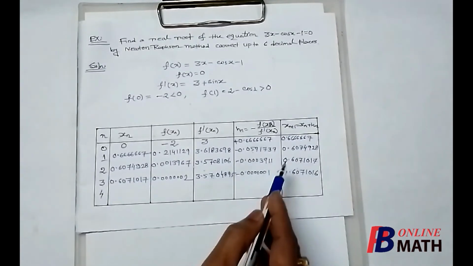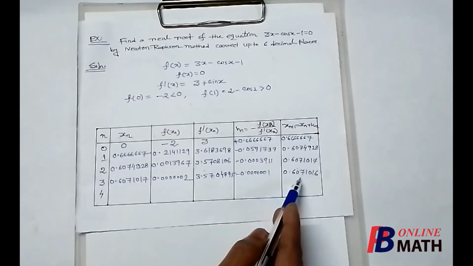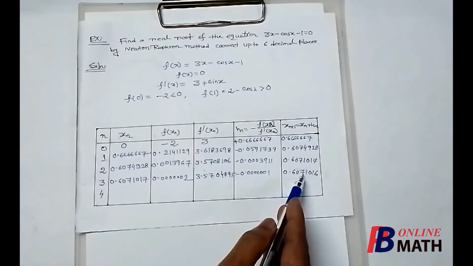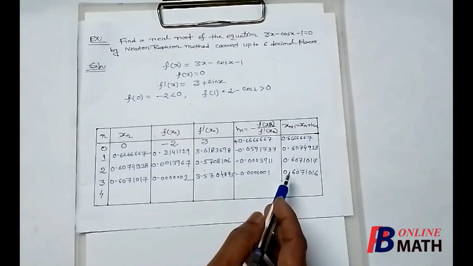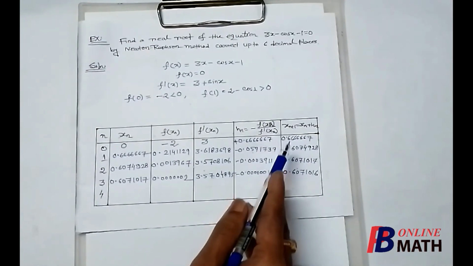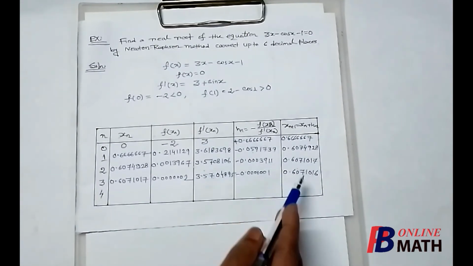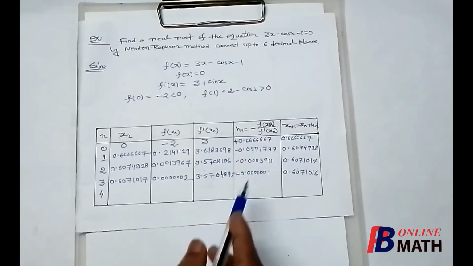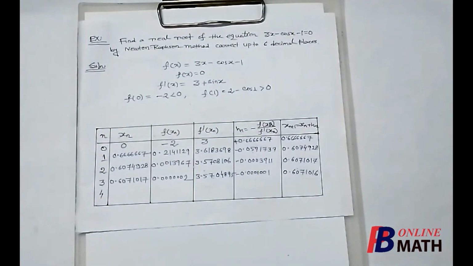Similarly, if we compute this value correct up to 6 decimal places, then also we find this value is 0.607102, because the next value is 6, which is greater than 5. So from the two consecutive steps, we have found that the successive approximations are 0.607102, which are same for two consecutive steps. So this will be the required root correct up to 6 decimal places.